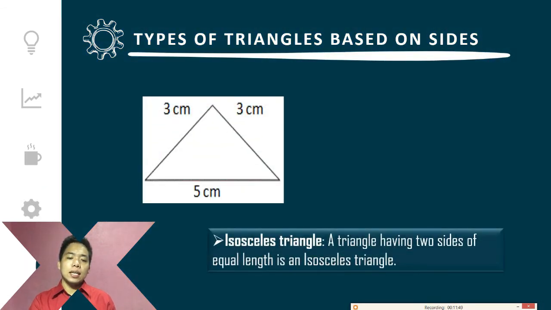Second is an isosceles triangle. In an equilateral triangle, all sides are equal. In an isosceles triangle, only 2 sides have equal lengths. That's what we call an isosceles triangle. Very basic.